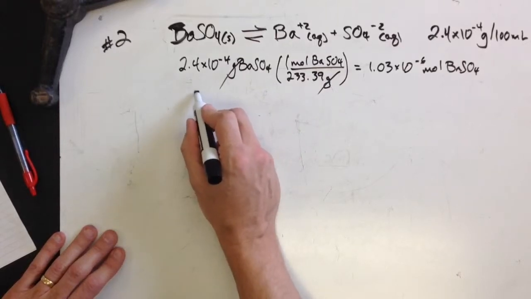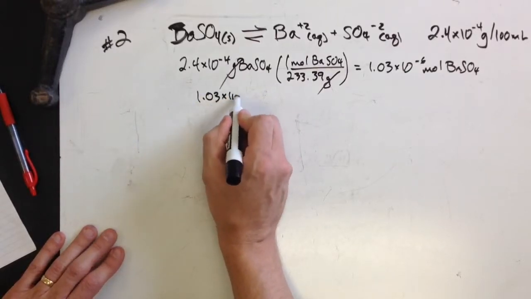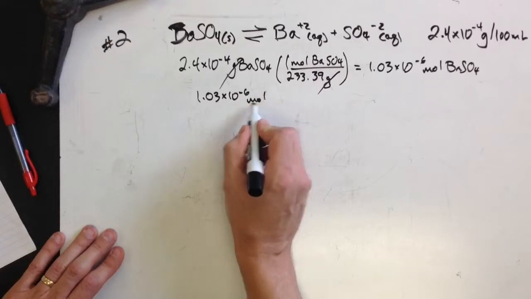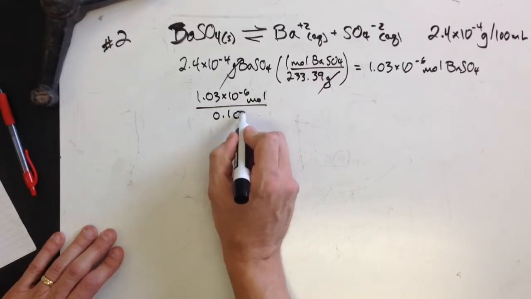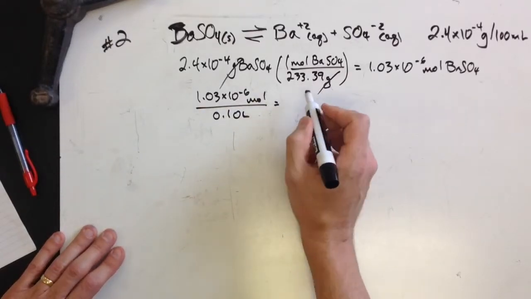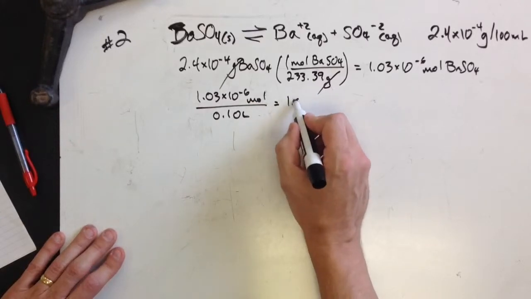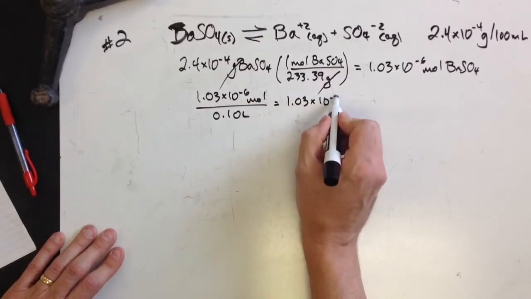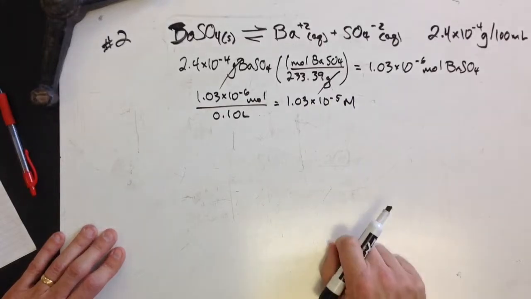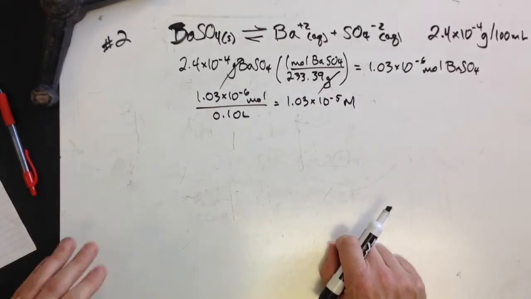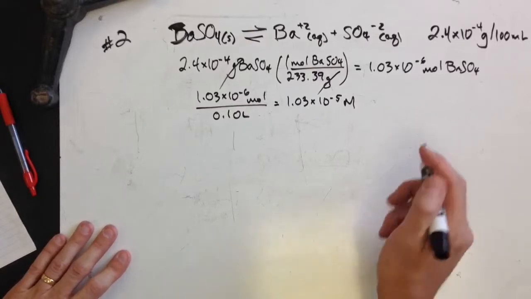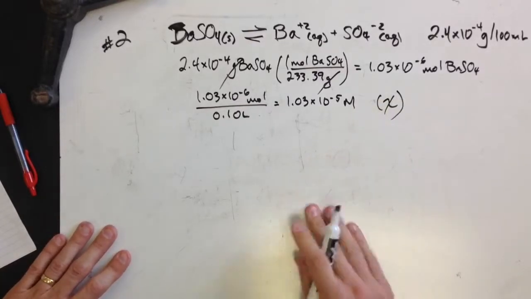And concentration then is going to be 1.03 times 10 to the negative 6 moles divided by 0.10 liters, and that's going to give us 1.03 times 10 to the negative 5 moles per liter, or molarity. Okay, so that's our solubility, and that's really X.